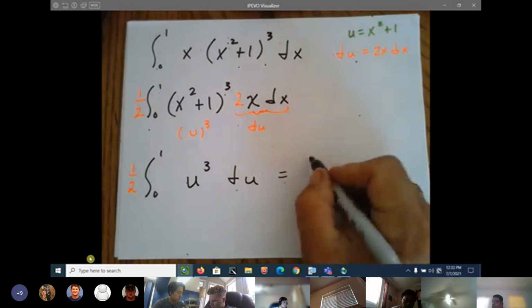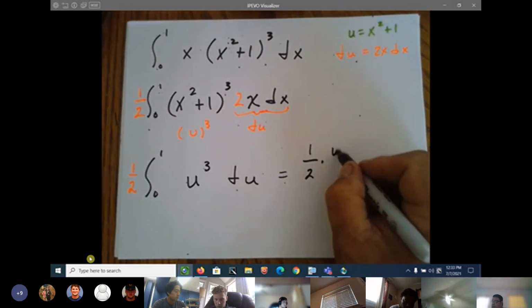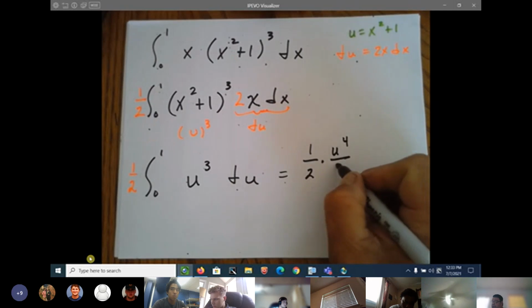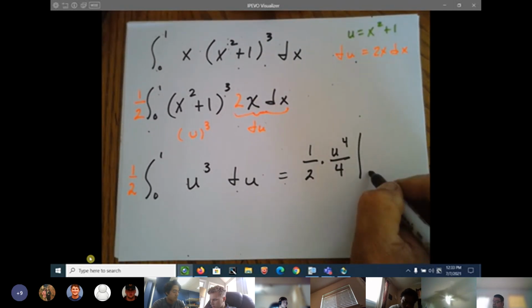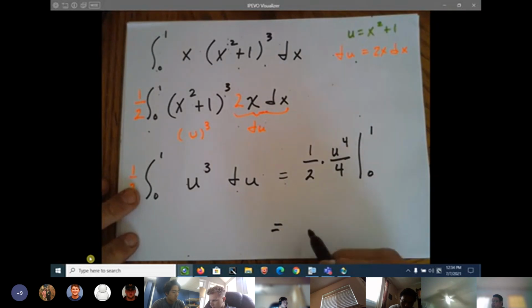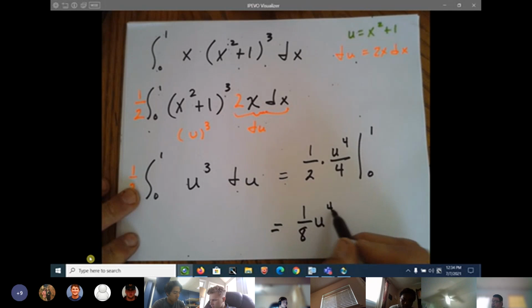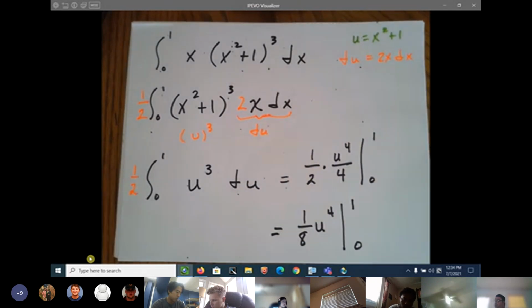And that's going to give you u to the fourth, 1 over 2 times u to the fourth over 4, evaluated at 0 and 1. And that's going to give you 1/8 u to the fourth, evaluated at 0 and 1.